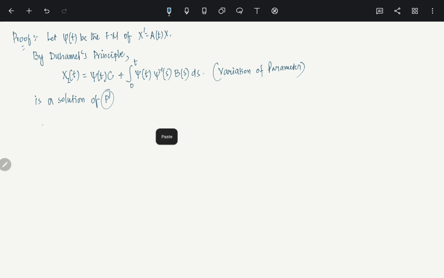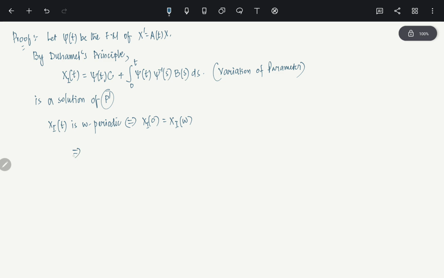Now see that if this xi of t is W periodic, when is this W periodic? That's the question. Xi of t is W periodic if and only if xi at the point 0 equals xi at the point W. Is this okay? So what does that imply?